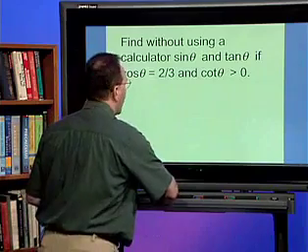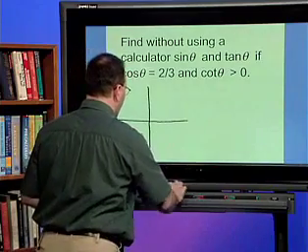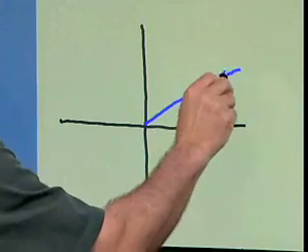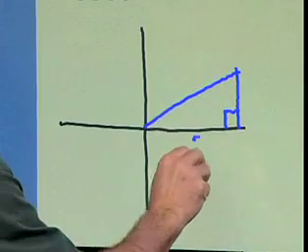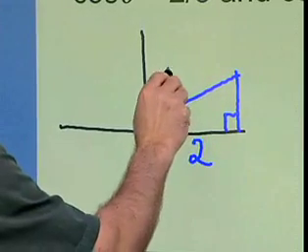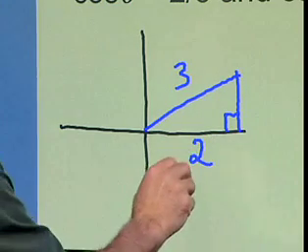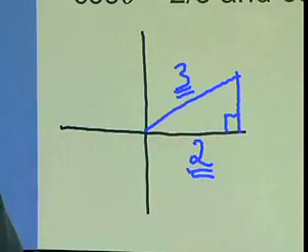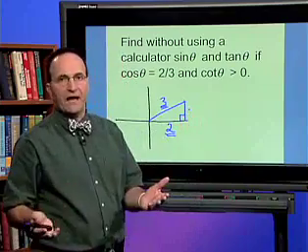So we know we have an angle in the first quadrant, and we know that if I draw a triangle, this side is 2 and this side is 3, because the cosine is the x value, 2, over the r value, 3. We can calculate the missing side by using the Pythagorean theorem.